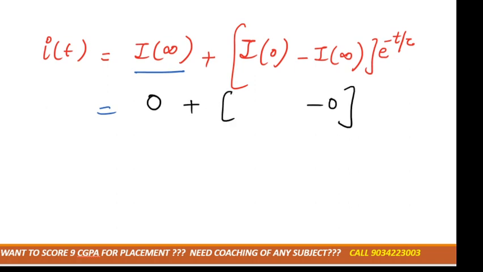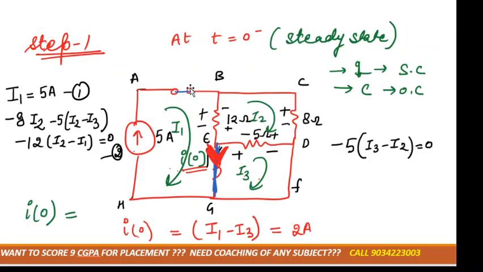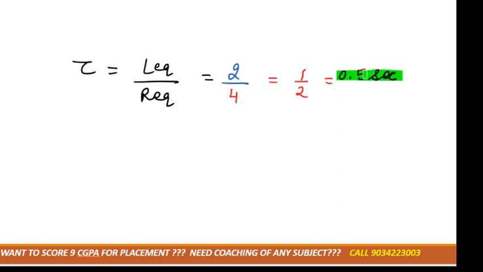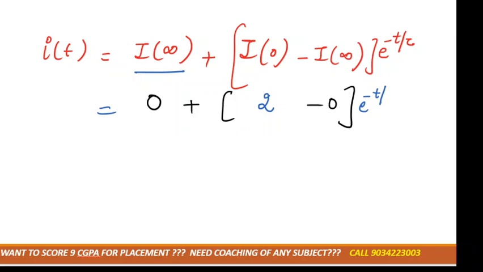Now I of 0, means at t equal to 0 minus, right? We calculated the current across the inductor, that was 2 ampere, right? So we can put 2. Now e raised to the power minus t by tau, also we calculated tau, that is 0.5 second.